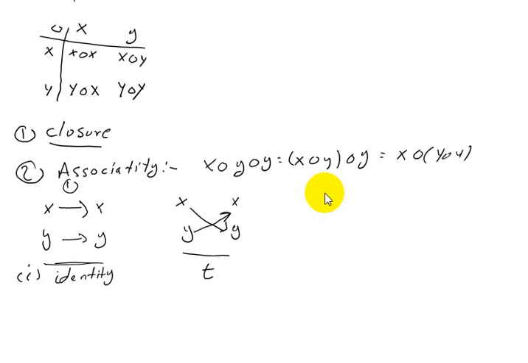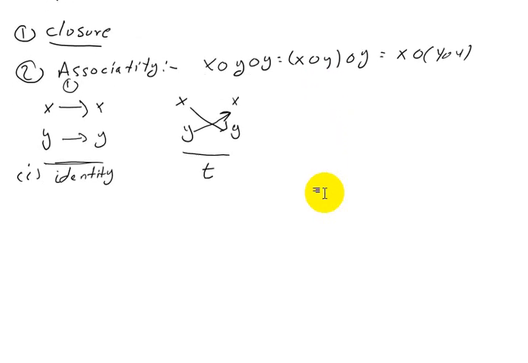Now we want to make a composition for these two elements. We need the symbol for composition.